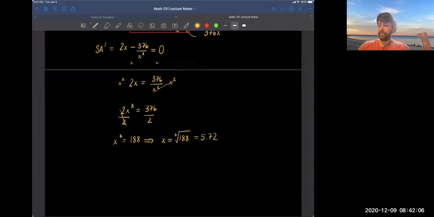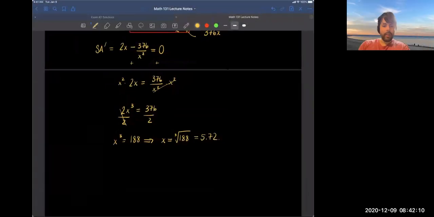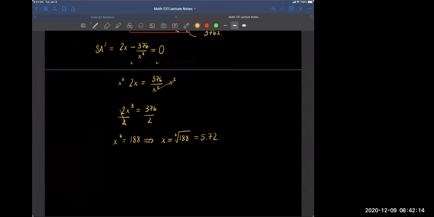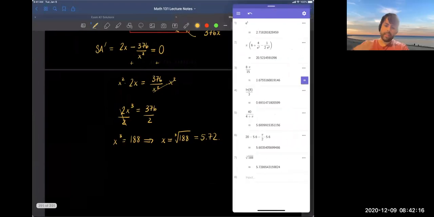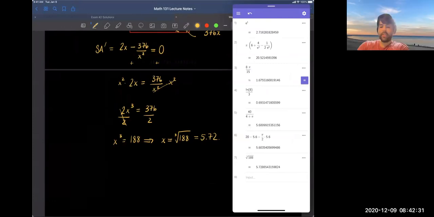5.72. How did you get that? I computed it. Did you plug it into the calculator? Yeah, of course. I could not do this in my head. The cube root of 188. How did you set that up on the calculator? How do you take the cube root? It depends on what calculator you have. Do you have a TI-84?